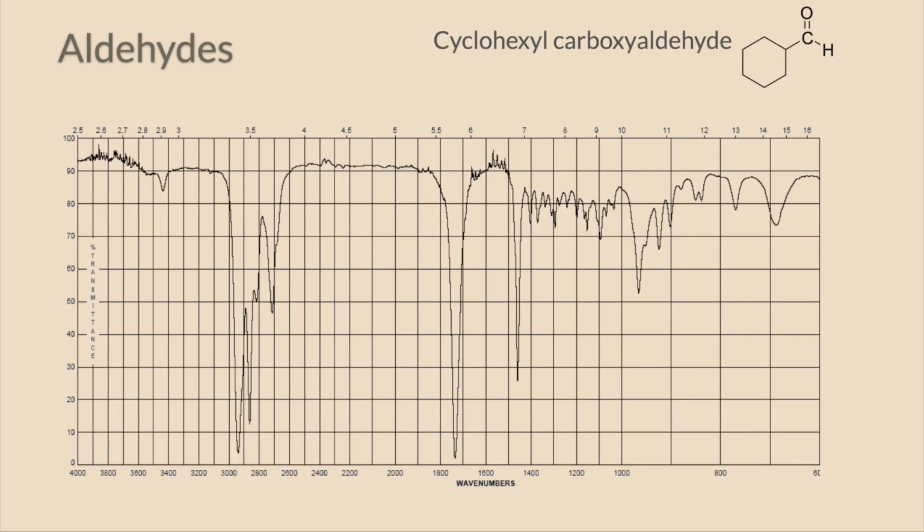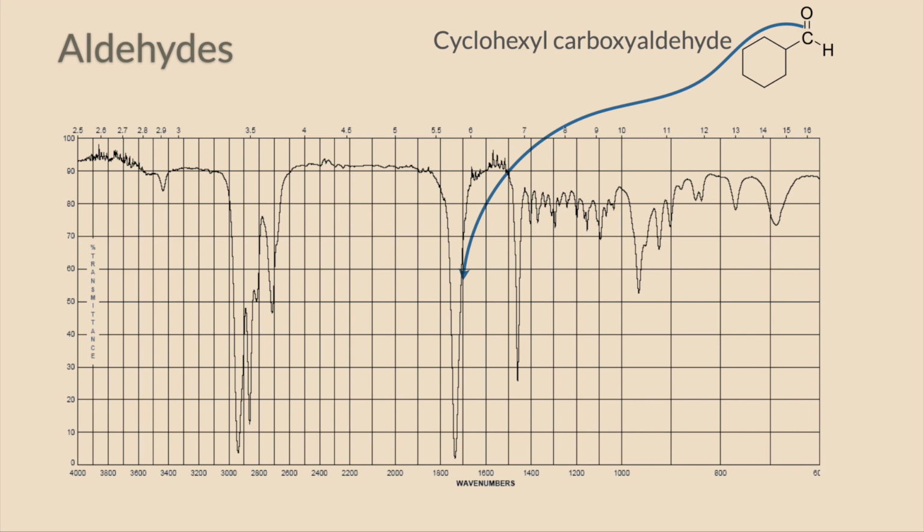Then let's have a look at the aldehydes. How does the spectrum of an aldehyde look? In this example, cyclohexyl carboxaldehyde, we have this peak. One of the very prominent peaks is the carbonyl group. The carbon-oxygen group has a sharp peak in this region, around 1720 to 1740 wave number.